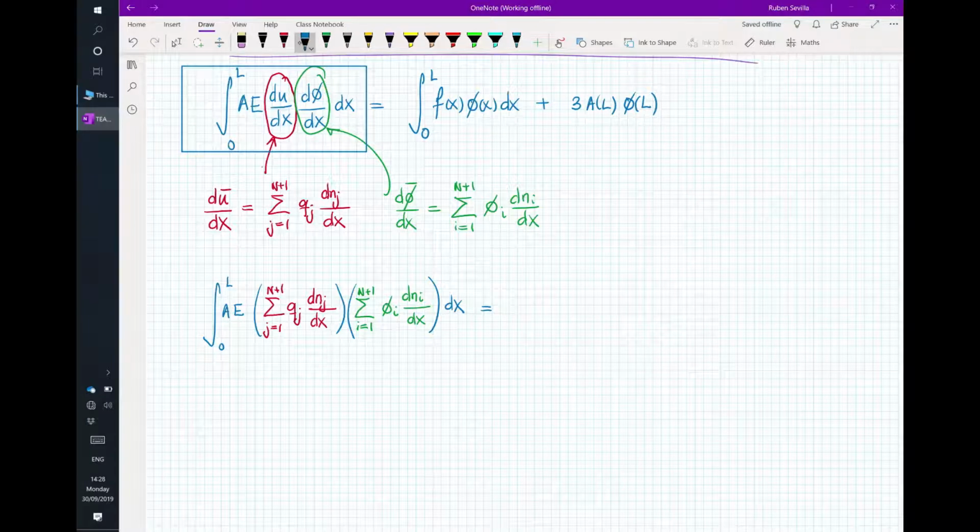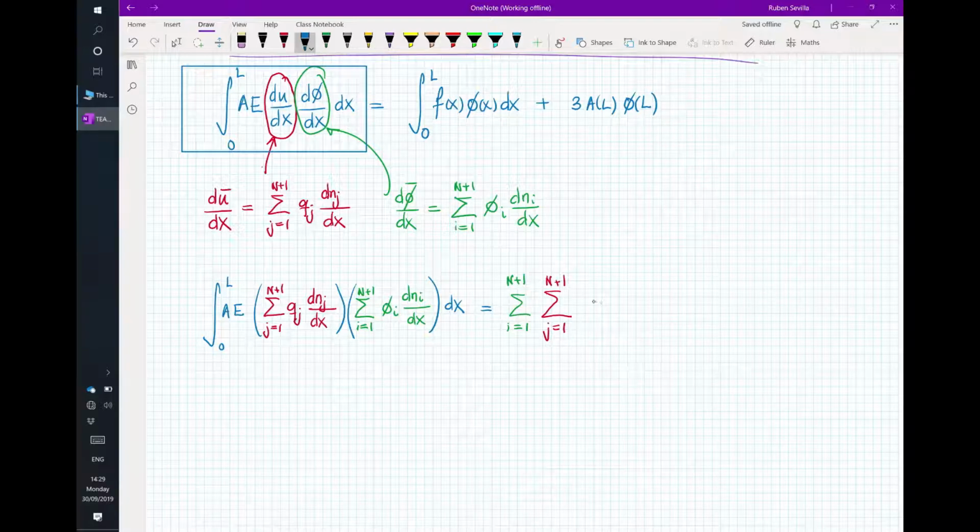So I'm going to put the one in green first. It doesn't matter, because you sum one or the other first. Okay, and then I have another summation, and then the integrals.